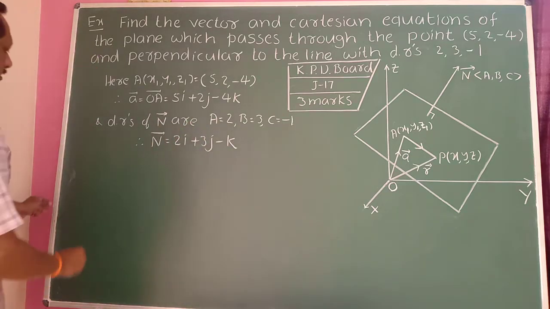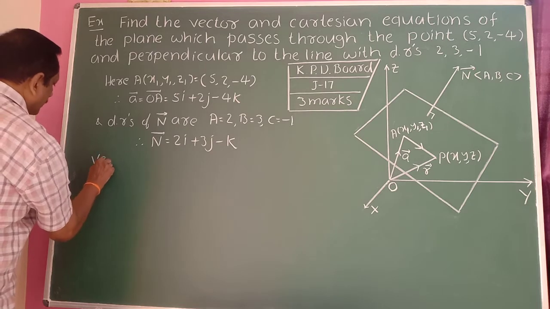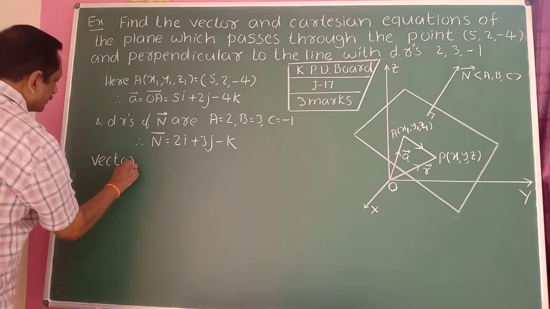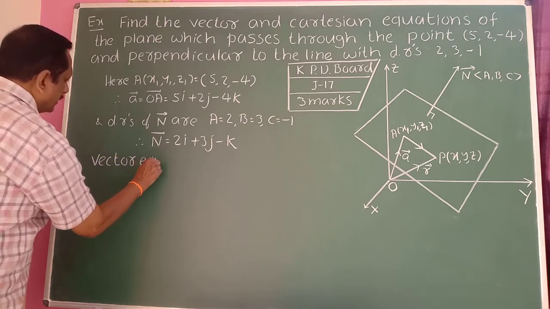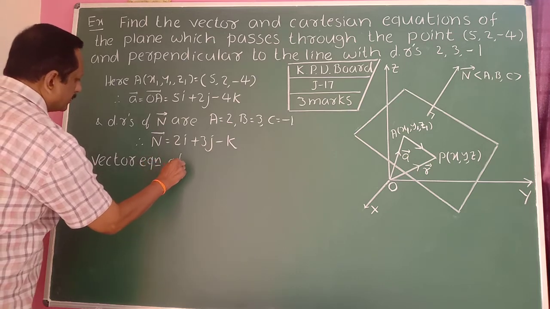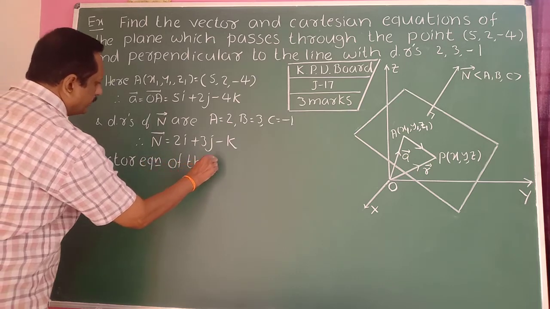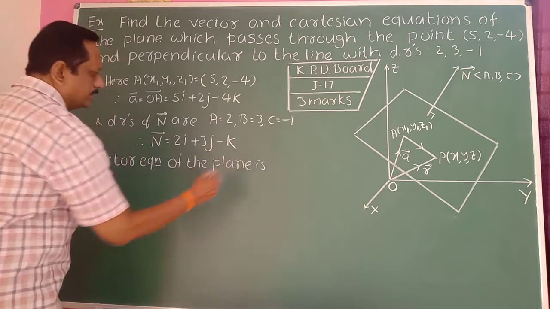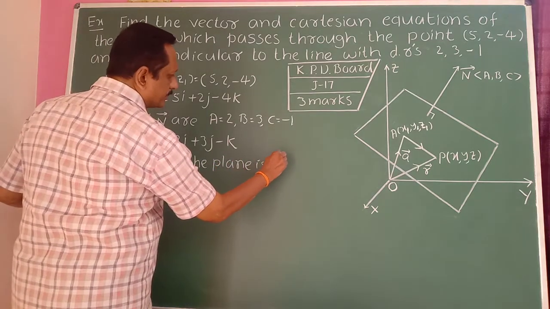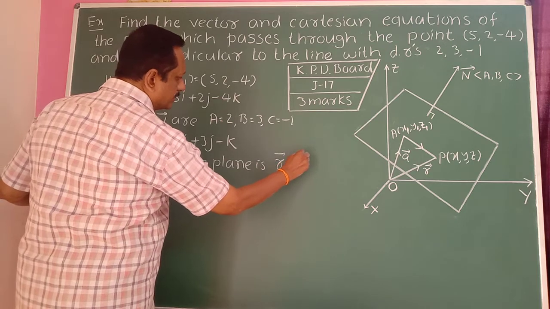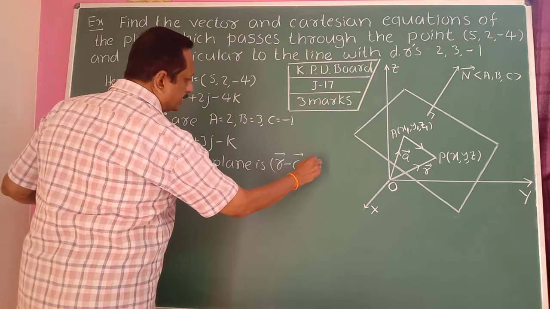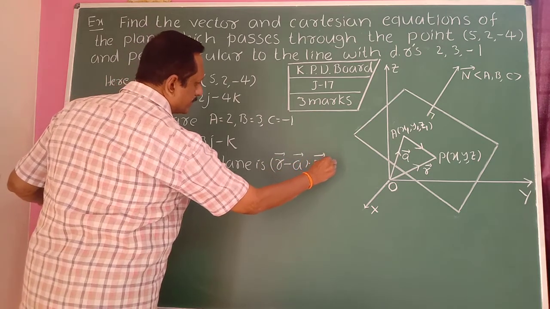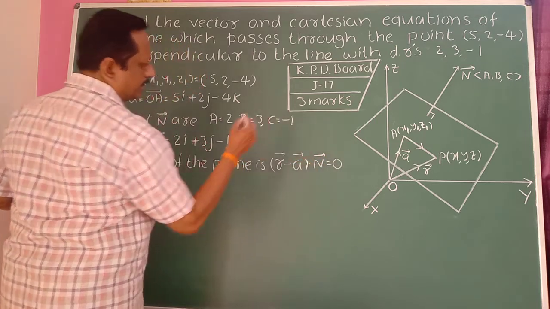Therefore the vector equation of the plane is (r bar minus a bar) dot n bar equals 0.